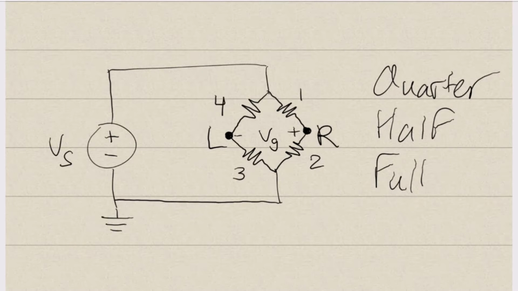The equations for the change in the voltage across the middle nodes, delta VG, for each configuration is as follows.